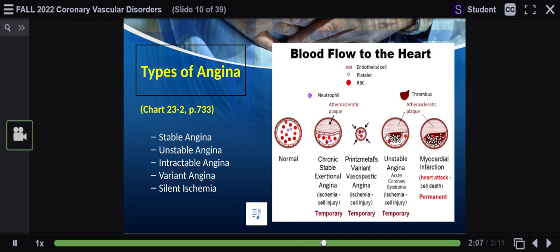Now, we also have the intractable or what we call refractory angina. It may mean severe incapacitating chest pain. A variation of unstable angina is variant or Prinzmetal's angina, wherein there is a blockage of blood flow in the coronary artery that causes the coronary artery to spasm.